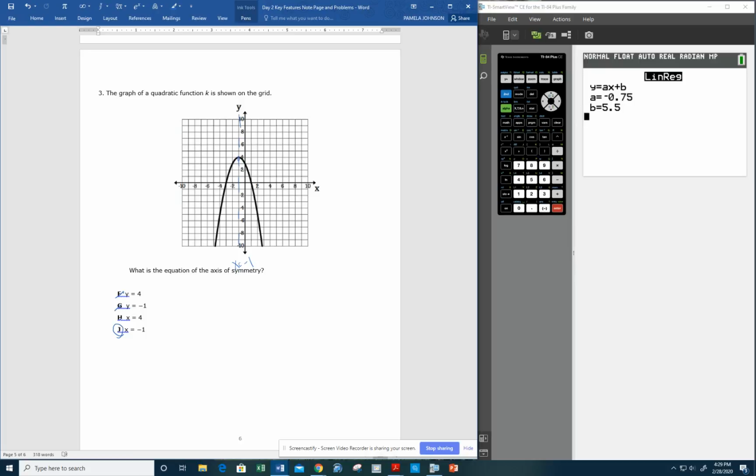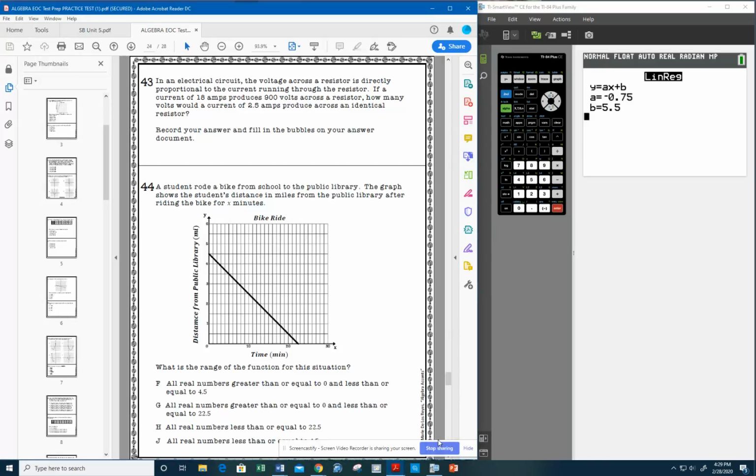So pause the video for a couple of minutes, look for those 4 quadratic key feature questions, and then come back to the video and see if you got them right. Okay, guys, you should have paused the video to take a look and see if you could find the 4 quadratic key feature questions.